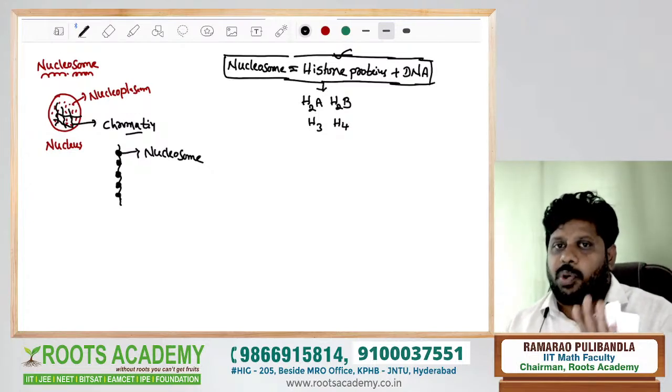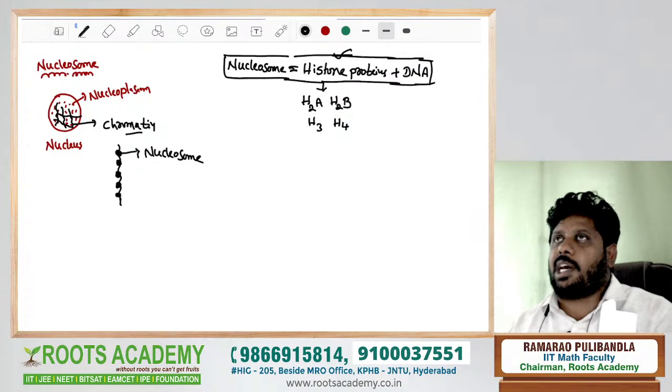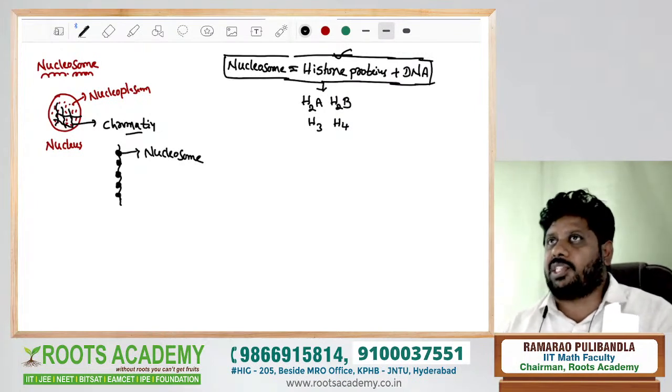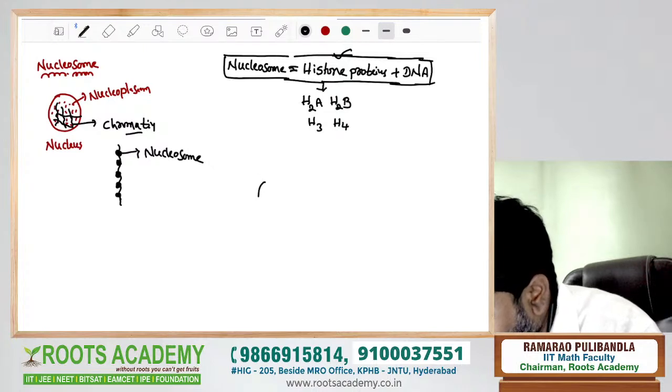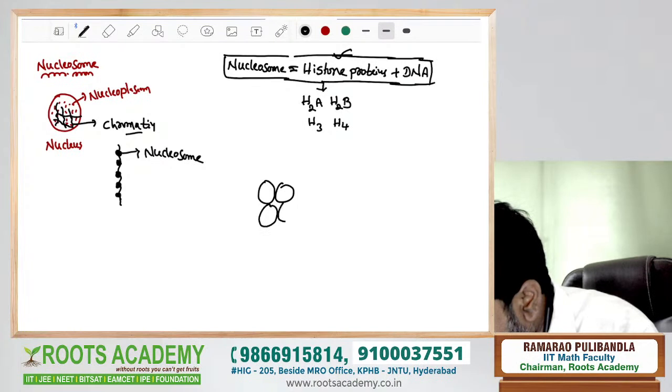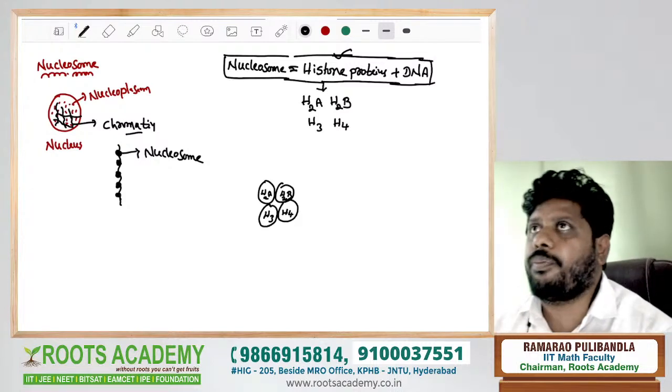In histone protein, four types are present: H2A, H2B, H3 and H4.